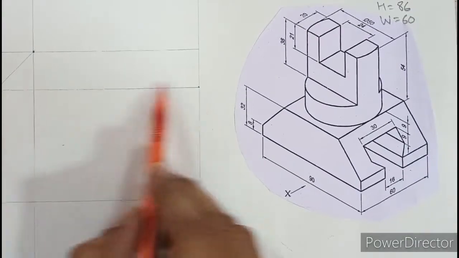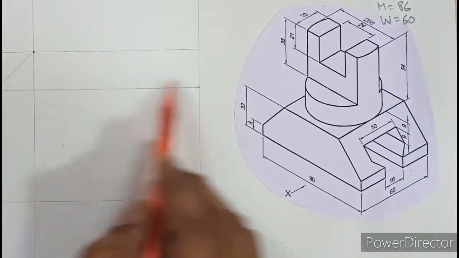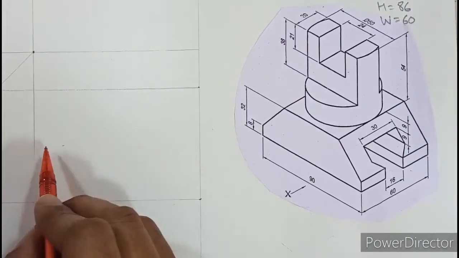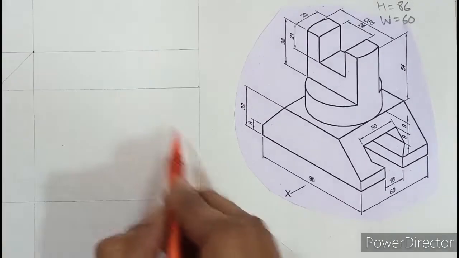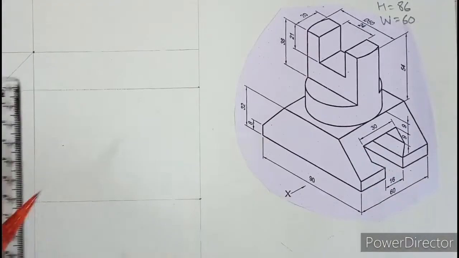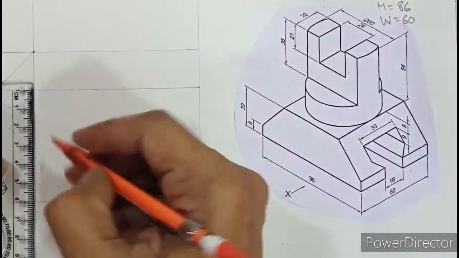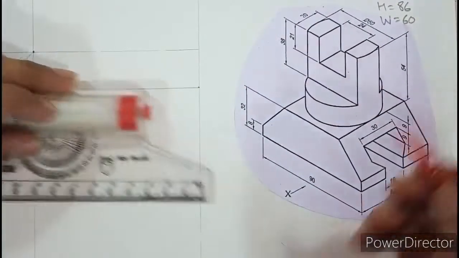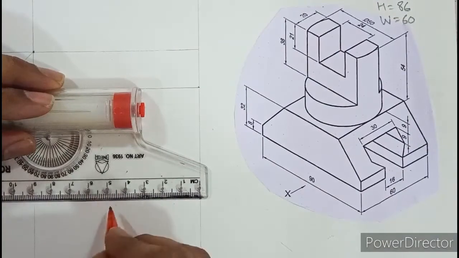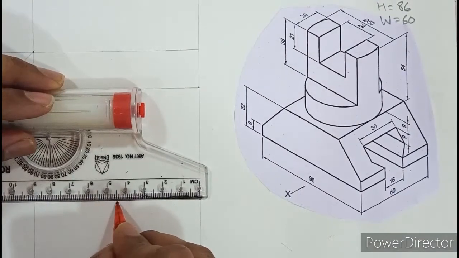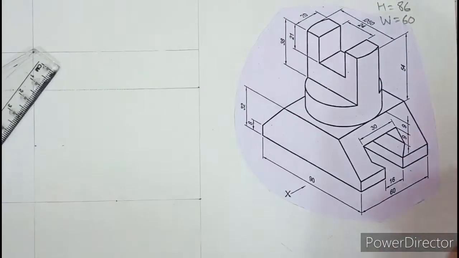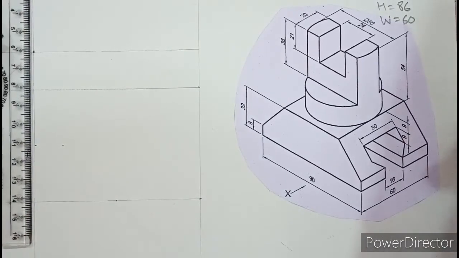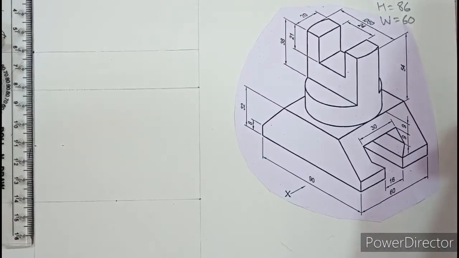So in the top view box over here, when I try to draw the cylinder, our first job is to mark the midpoint of this box. You can see that this is 60, half of 60 is 30, and this length is 90, half of 90 is 45. So now I draw two light lines of symmetry.